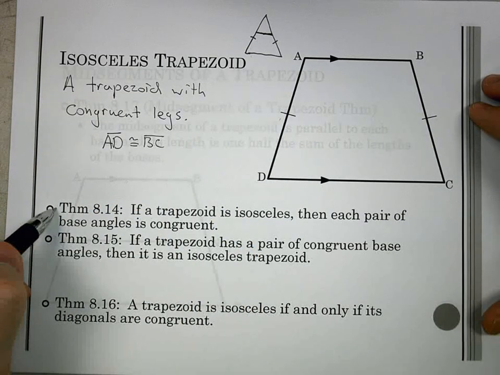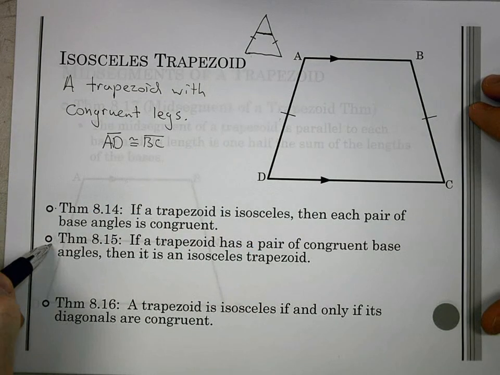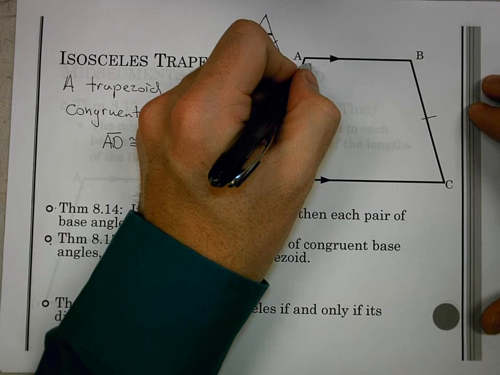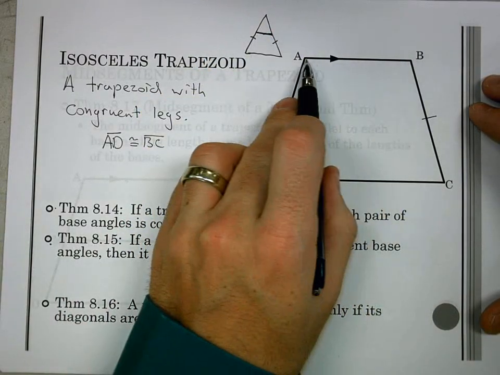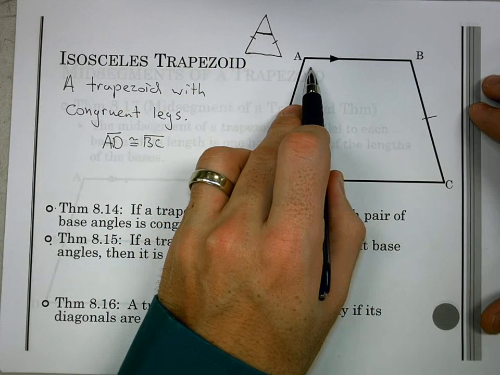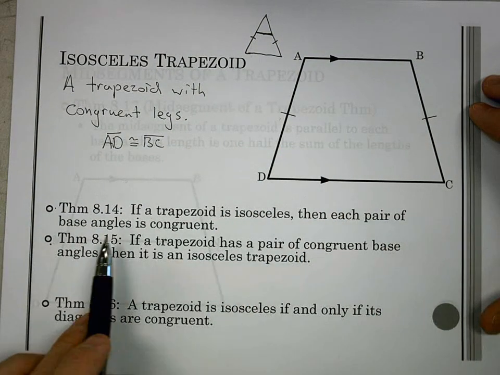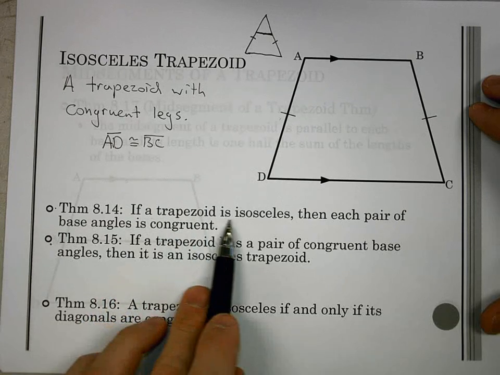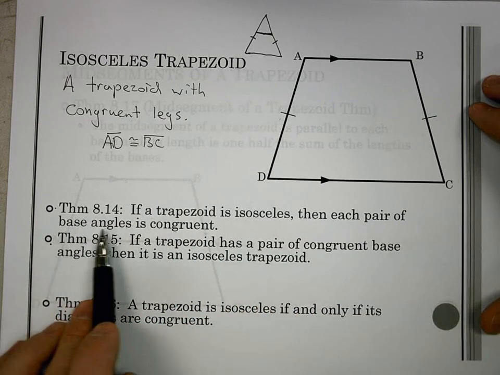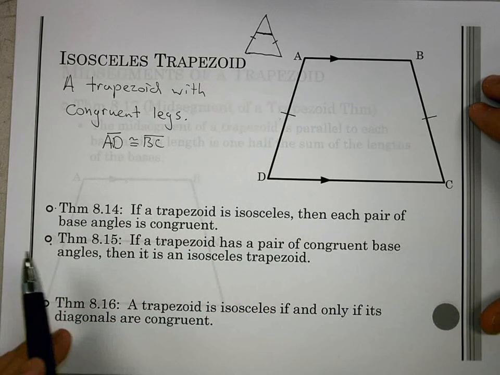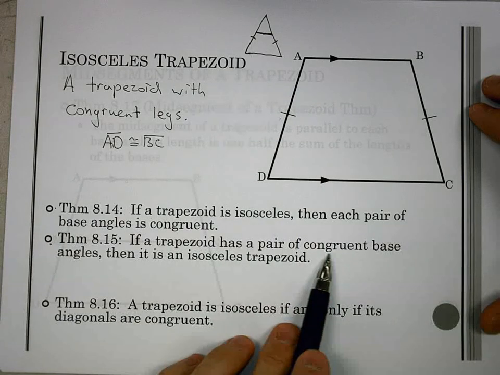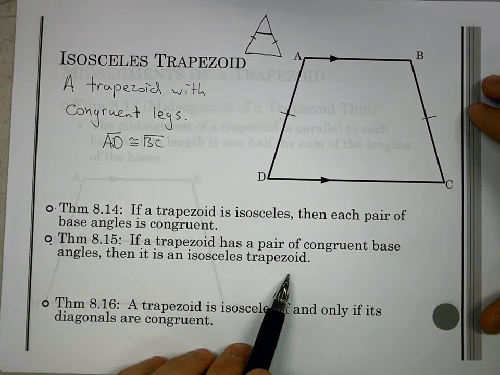Now, Theorems 8.14 and 8.15 are talking about the base angles. Our base angles, remember, share that base or that parallel line. That'd be AB base angles, DC base angles. So 8.14 says if a trapezoid is isosceles, then each pair of base angles is congruent. 8.15 says if a trapezoid has a pair of congruent base angles, then it is an isosceles trapezoid.